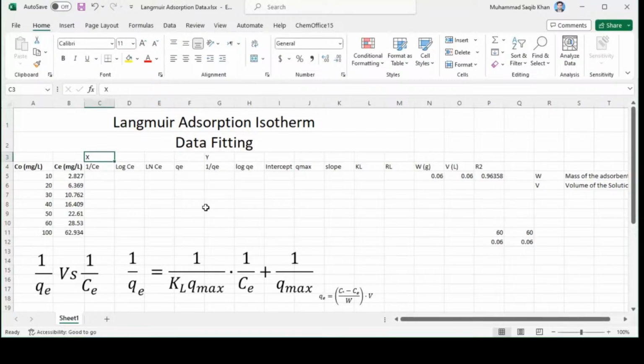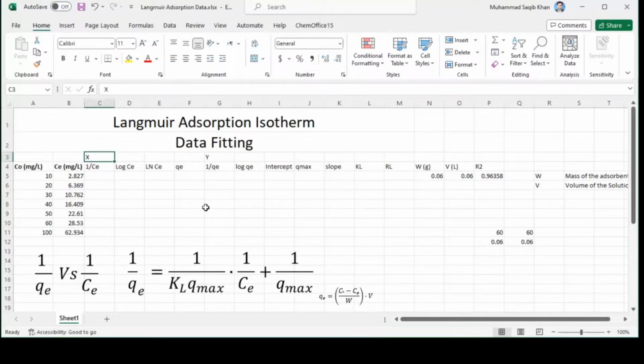So the QE we will calculate according to this formula: QE is equal to bracket C naught, initial concentration, minus CE, divided by W, which is 0.06, and multiplied by volume.